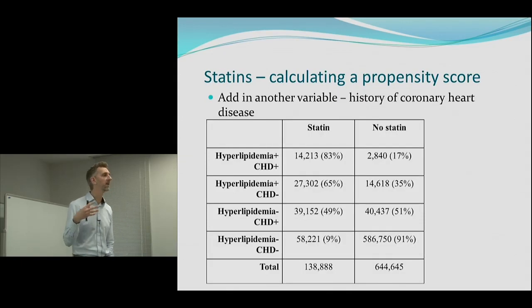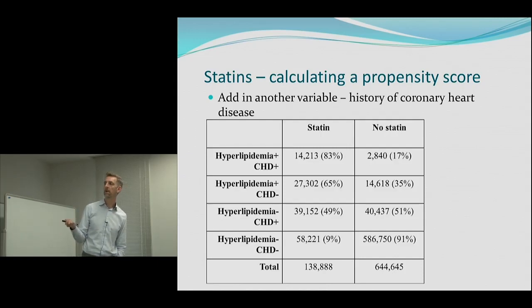Of course, that's not the case, and there are other things that would influence the risk of being prescribed a statin. The second one, you may imagine, that would influence the chance of having a statin is a history of coronary heart disease. So again, we would hope that people who've got this history might be prescribed a statin. Here I've broken the data down into 4 strata.